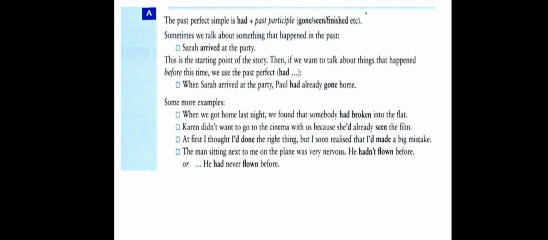It is a matter of going back to a previous action, and the previous action is in the past perfect simple, while our second action is in the past simple. All of these actions are in the past, but we use these tenses to show which one preceded the other, with a gap of time between them.